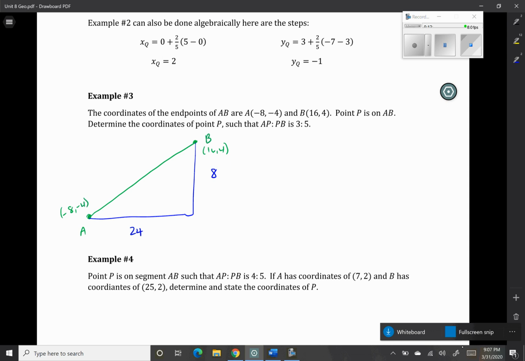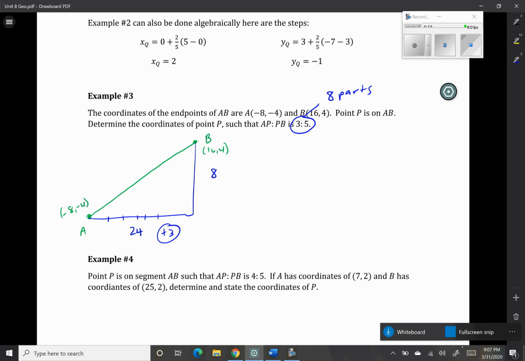Now the ratio they're giving us is 3 to 5, meaning there are 8 parts. If I wanted to separate 24 into 8 even-sized parts, I could do 24 divided by 8, which would be 3. So I'd go right 3, 3, 3, 3, 3. I'm adding 3 each time.